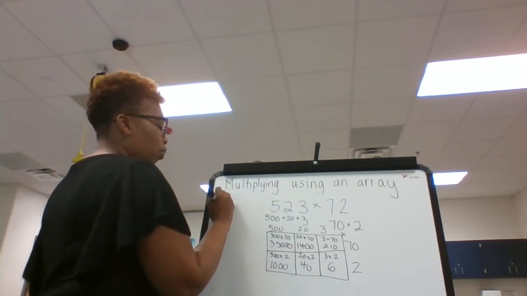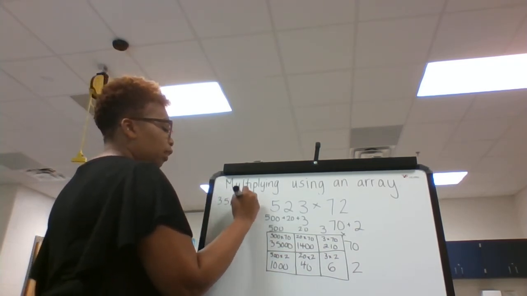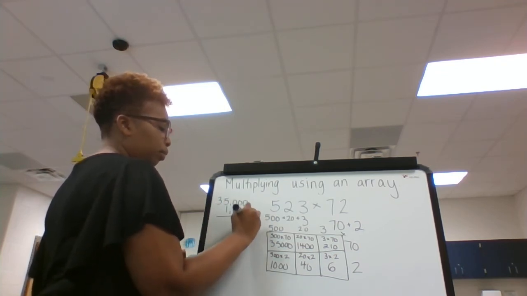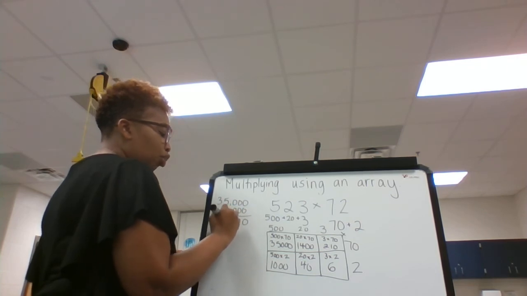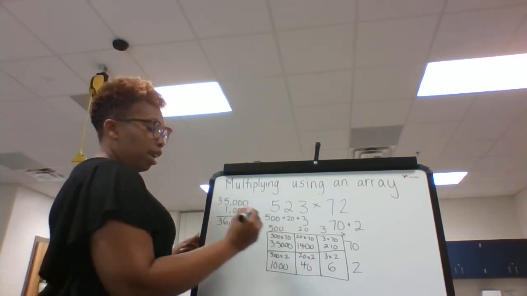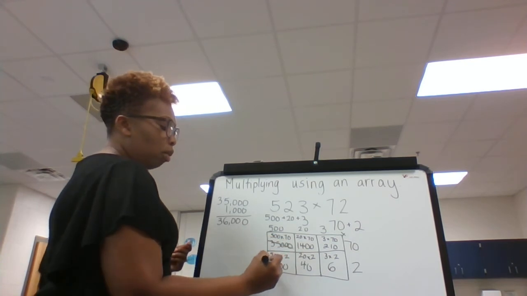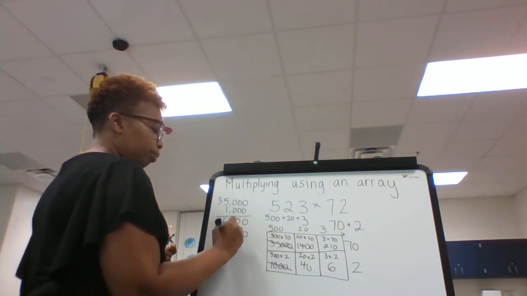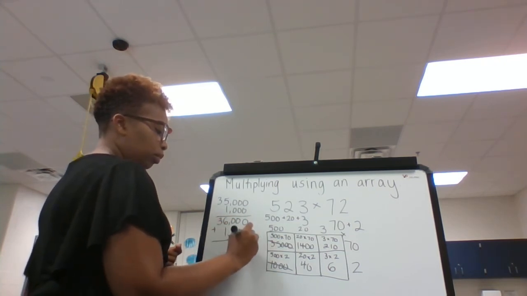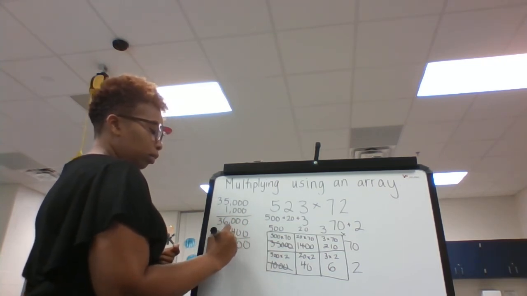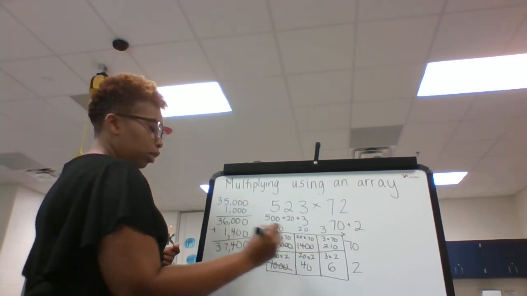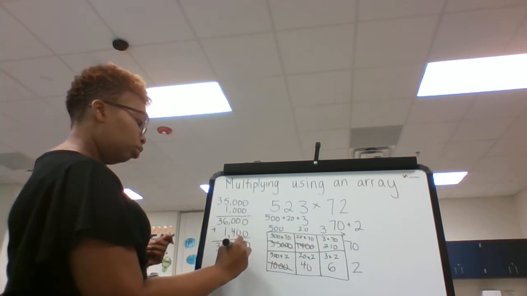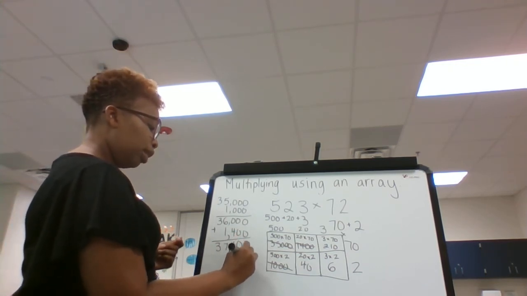So I start with 35,000, and I'm going to add 1,000. I do it one by one just to make sure that I'm accurate. And then as I add them together, I cross them off. Next, I'm going to do 1,400. Cross it off. Next, I'm going to do 210.